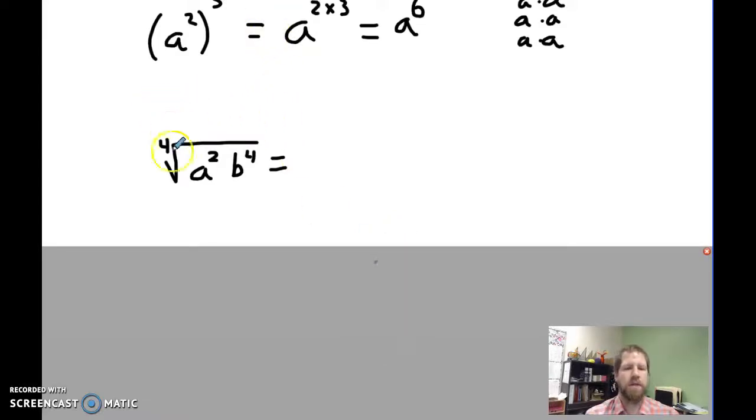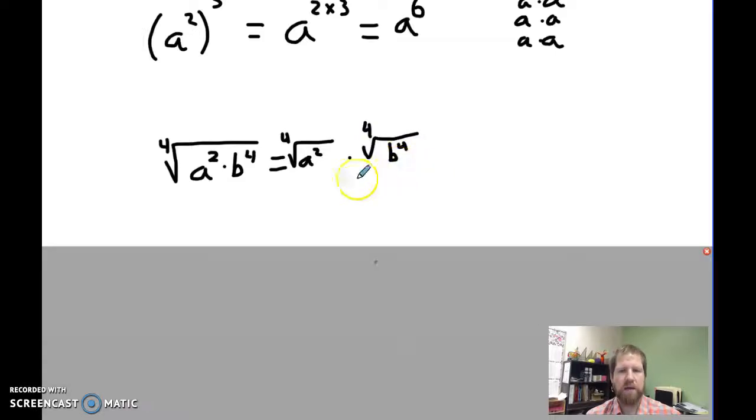So in this problem, I have a fourth root of a squared times b to the fourth. And I can separate these out. Because it's just multiplication, I can separate this out into the fourth root of a squared times the fourth root of b to the 4.